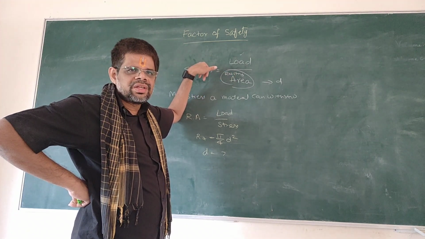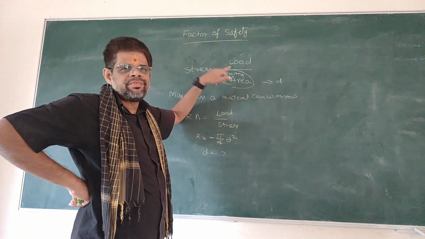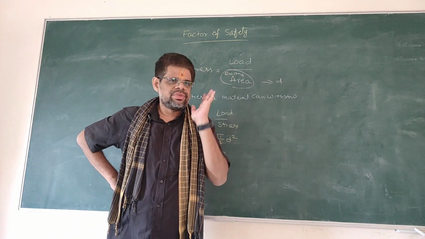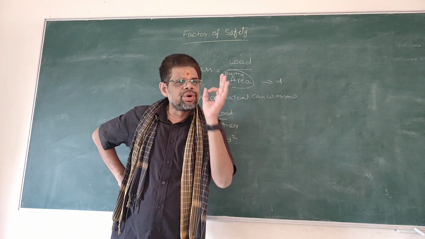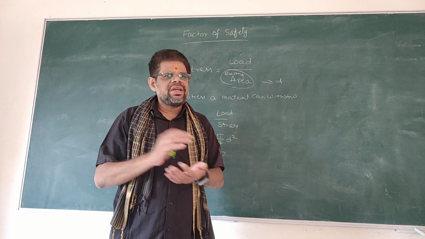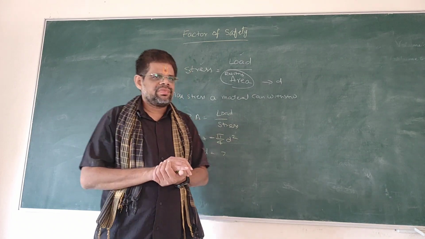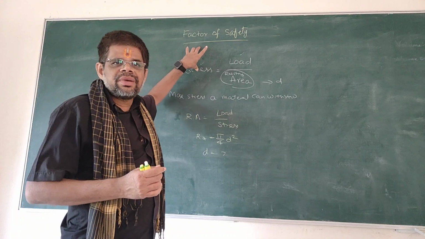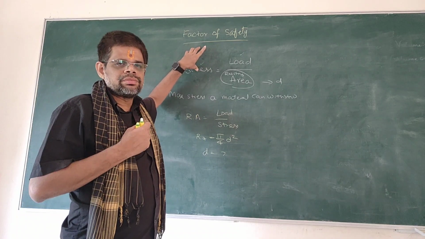Decreases. Is it right or not? If you decrease this, the stress will increase. You just remember this concept. If the resisting area is more, that means more resistance, so obviously stress will be lesser. If the resisting area is less, that means the stress will be more.